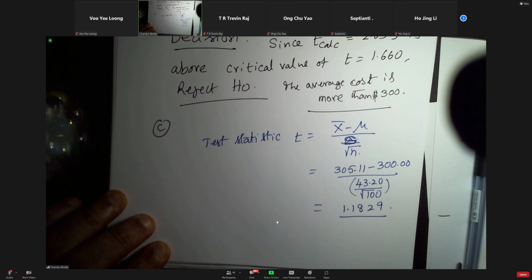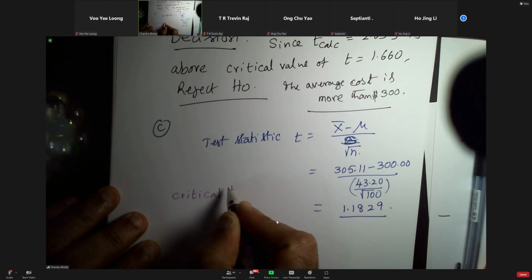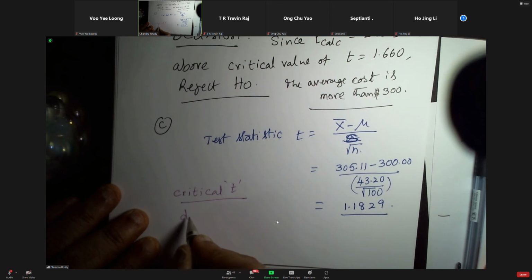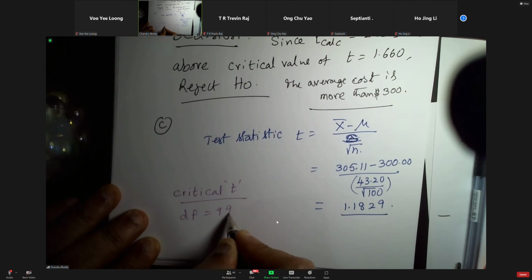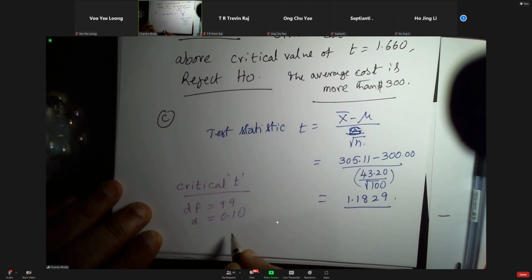Then for a degree of freedom of 99, how do you get the critical value? The critical t, with degree of freedom 99 and alpha given as 0.10. Can anyone give me the value for t?